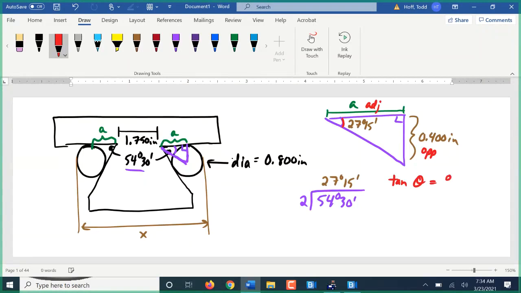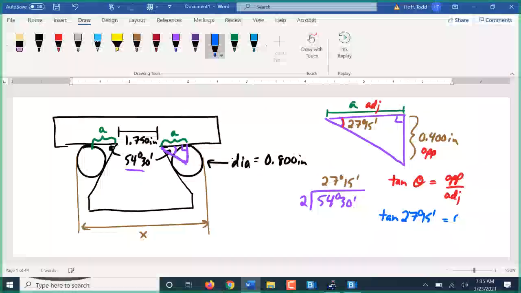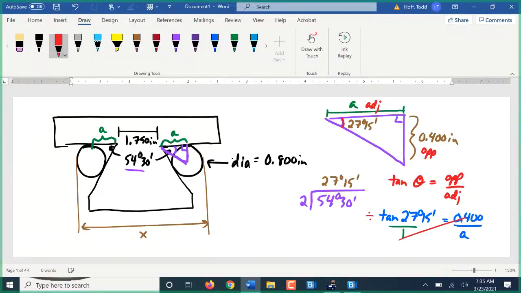Tangent of an angle is opposite over adjacent. So we fill in our information: the angle is 27 degrees, 15 minutes, the opposite side is 0.4, and the adjacent side is side A, that's what we're looking for. So we'll put this over 1, and we will cross multiply and divide. 1 times 0.4 is 0.4.